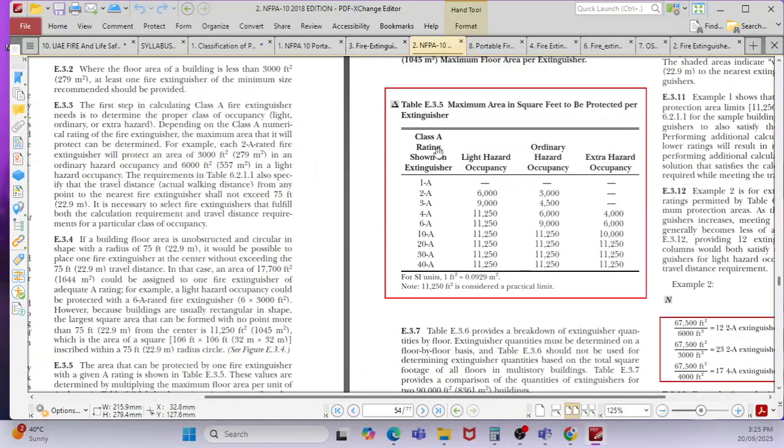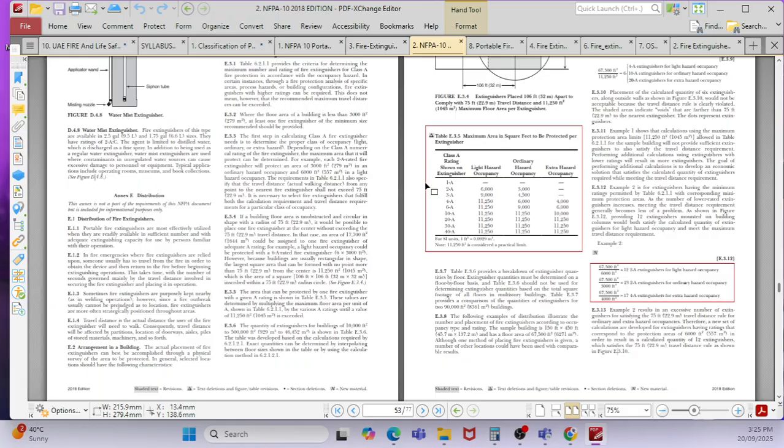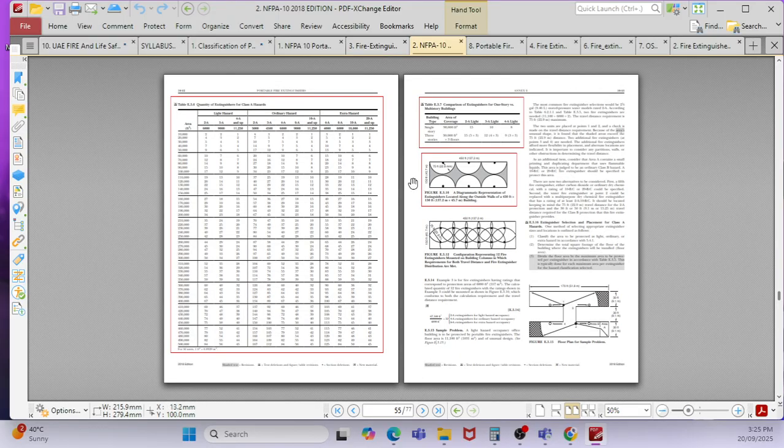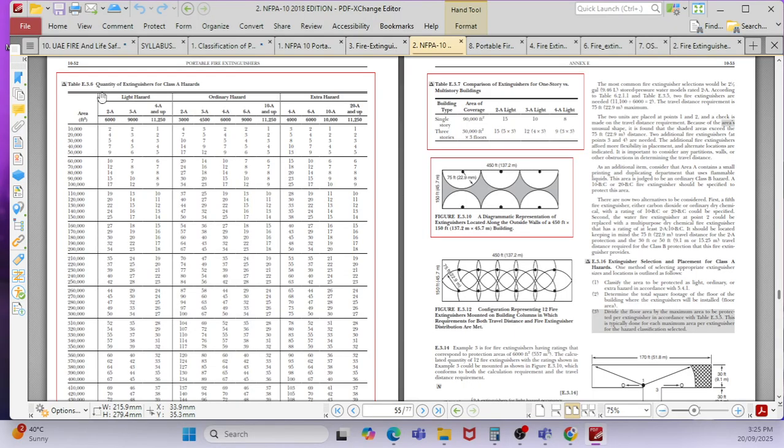This is only for class A fire extinguishers. This calculation is the procedure when you're working with class A fire extinguishers. Similarly, you have it for class B as well. See, the quantity of extinguishers for class A hazards depends upon the area and the hazard. If you have a light hazard and you are using 2A, it can cover up to 6,000 square feet.